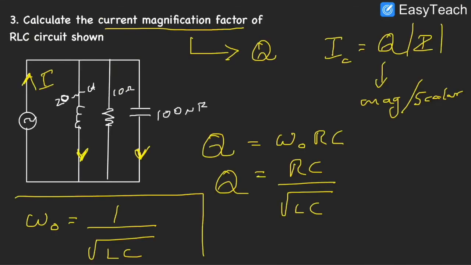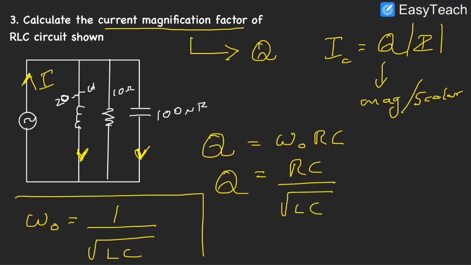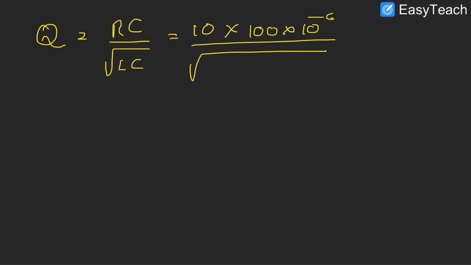Now let me go ahead and substitute the values. Q is RC by root LC. My R was right here, 10 ohms, times the capacitor, 100 microfarad, under the square root, my inductor value.